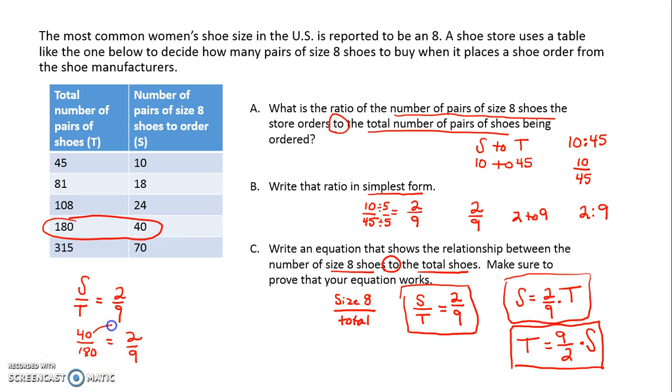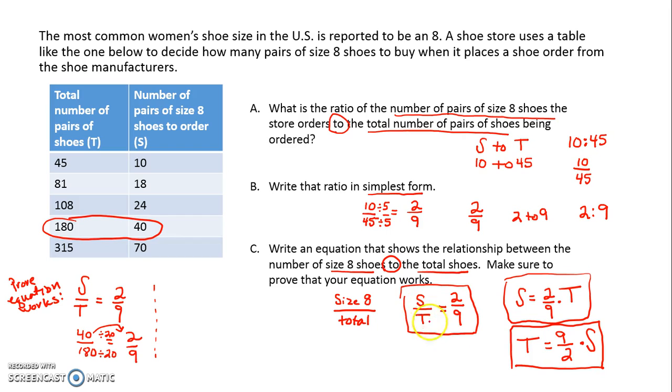Well, if I take 40 and divide it by 20, I get 2. And if I take 180 divided by 20, I get a 9. So I've proved that that equation works. I want to prove that all three of these equations work.